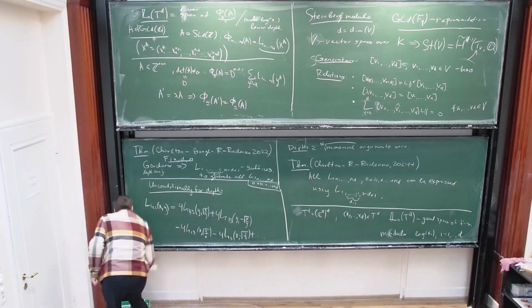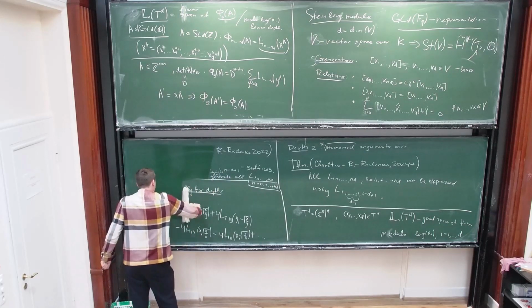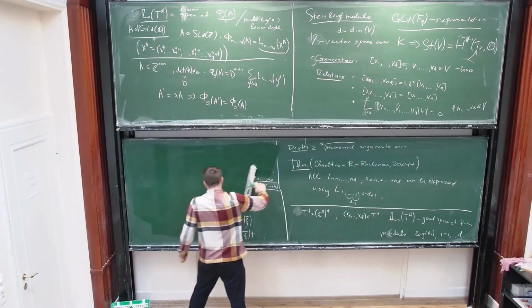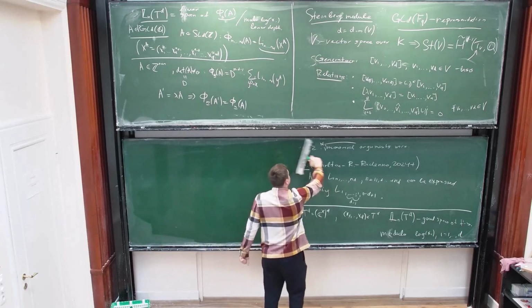Another way is you can write down generators and relations. I mean, it's related to modular symbols. But there's actually two more ways of thinking about this.